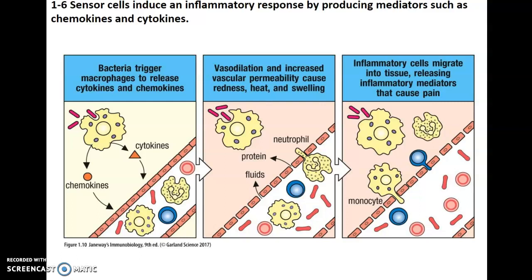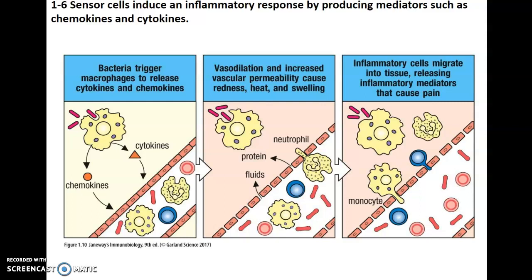Some of the cells that are going to extravasate and move into the tissues, such as the neutrophils and the monocytes, are going to release other inflammatory mediators, such as substance P, and that is where we're going to start getting the pain, or the dolor.